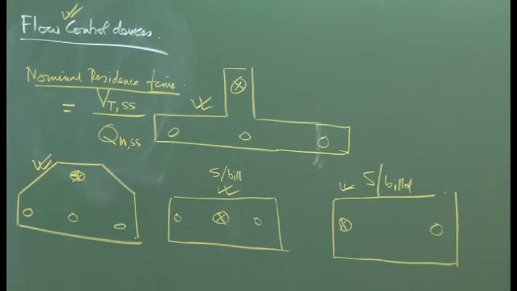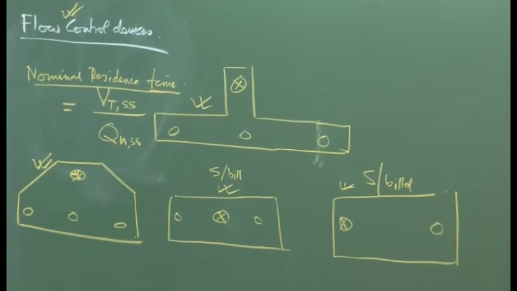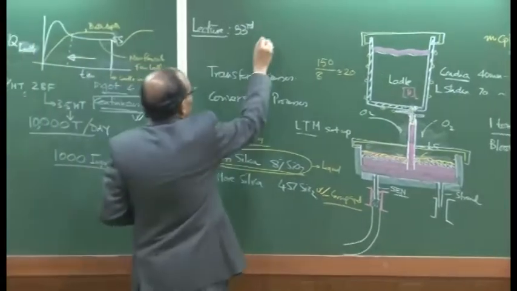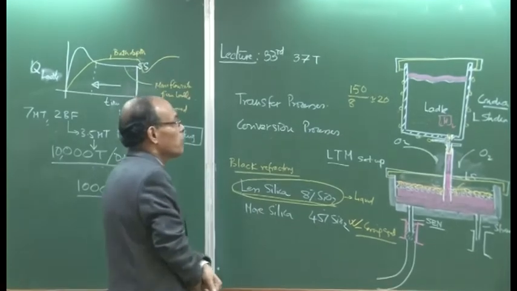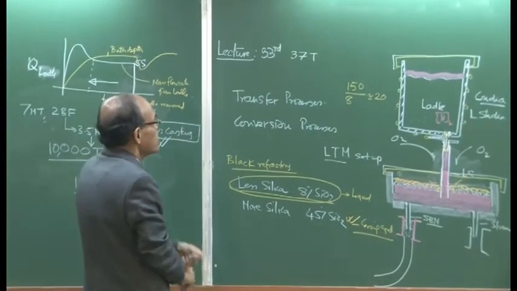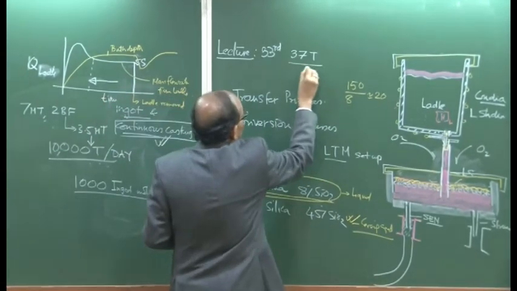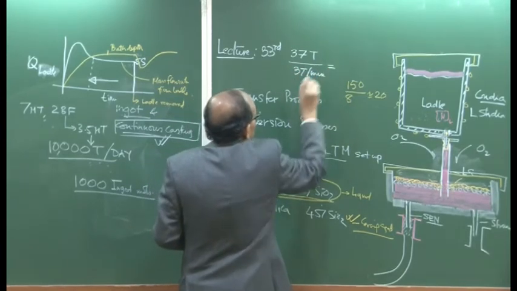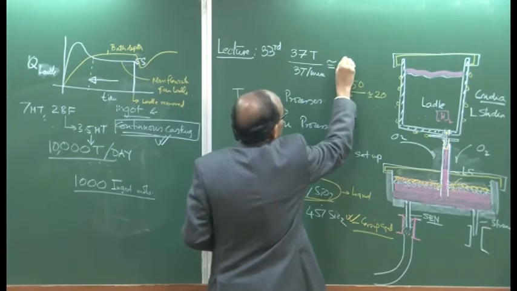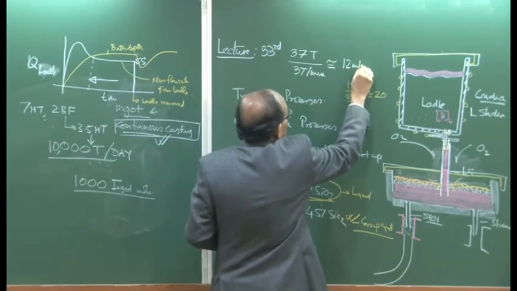What is the value of nominal residence time? For example, a slab casting tundish can have a capacity of 37 tons, and you could be casting about 3 tons per minute, which approximately tells you 12 minutes.